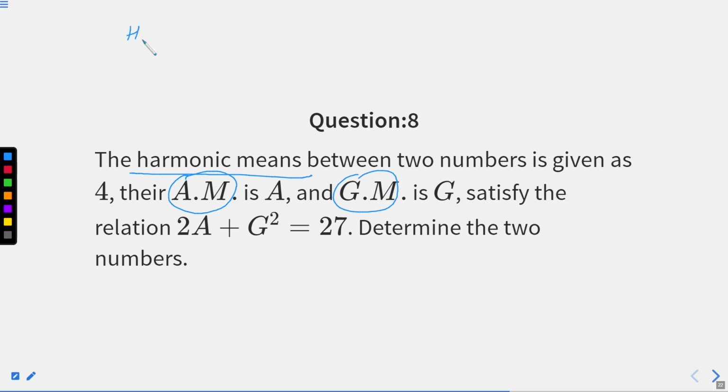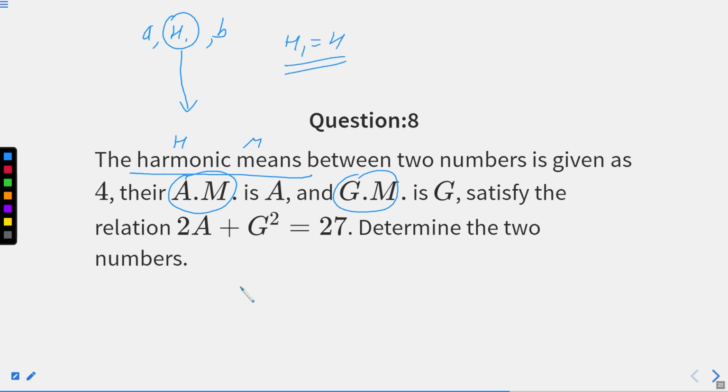Let's say A and B are my two numbers and the HM is given. H1 represents my harmonic mean, and it is given that H1 is 4.